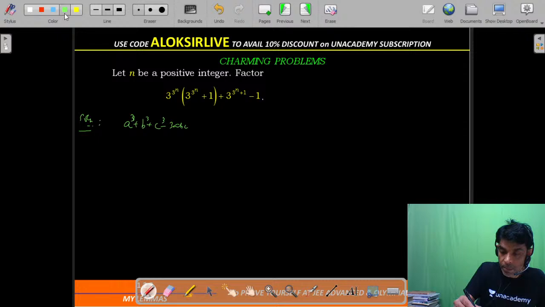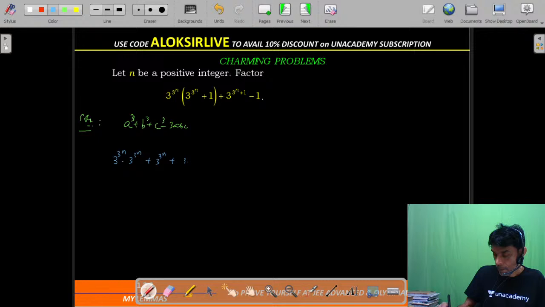So this is 3 to the power 3 to the n, times 3 to the n, plus 3 times, plus 3 to the power 3 to the n, plus 3 times 3 to the power n, and minus 1, plus 3 times 3 to the power 3 to the power n.